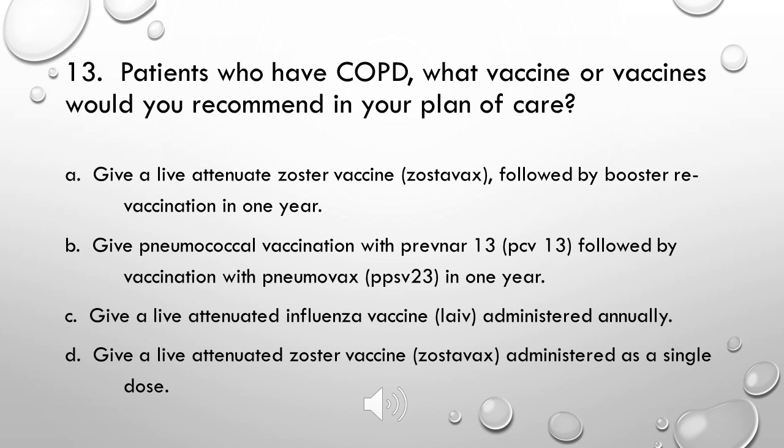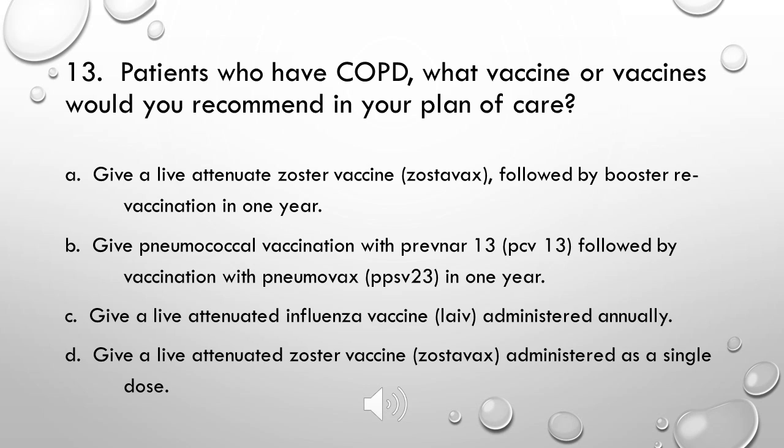Patients who have COPD, what vaccine or vaccines would you recommend in your plan of care? And your choices you have here, your answer should be answer B. Give pneumococcal vaccination with the Prevnar 13, followed by vaccination with Pneumovax in 1 year.